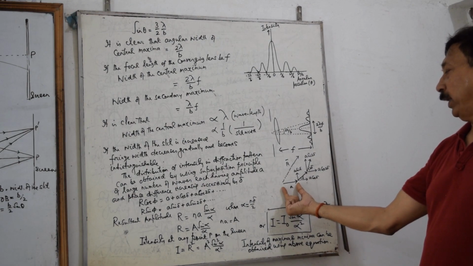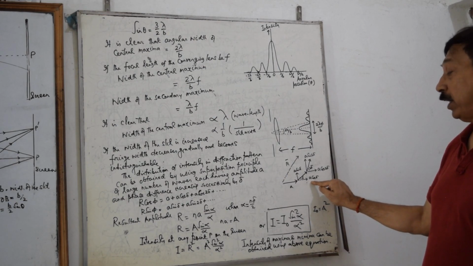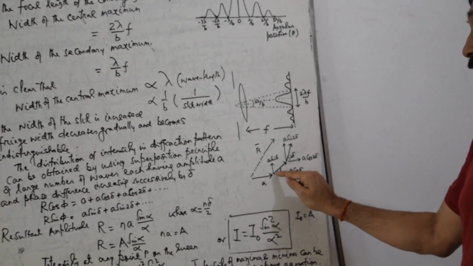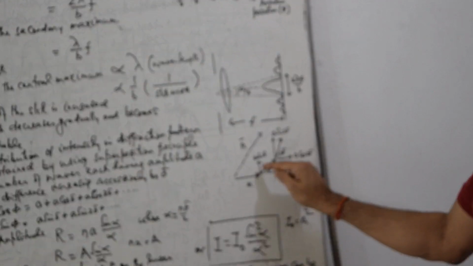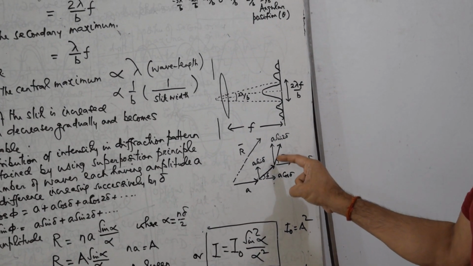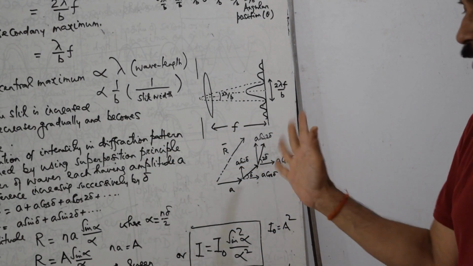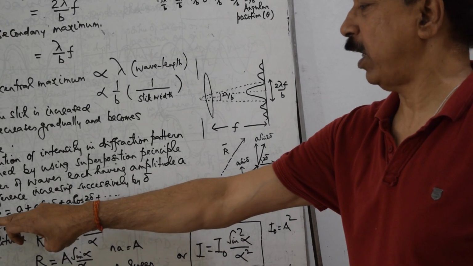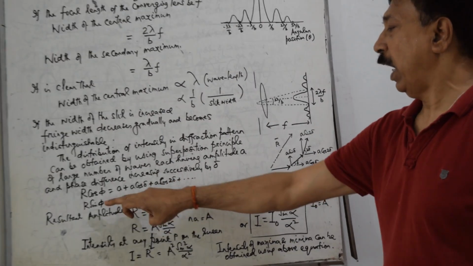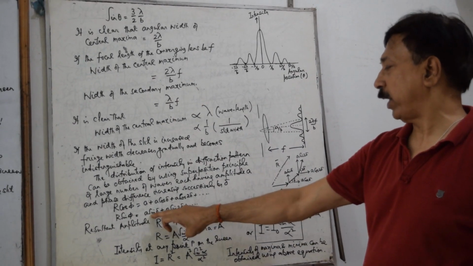The first one being A, the second one having horizontal component A cos delta, where delta is the phase difference, and vertical component A sin delta. The third one has A cos 2 delta and A sin 2 delta, and therefore the sum of the horizontal components will be given by R cos phi equals this, and R sin phi, which is the sum of the vertical components, will be given by this.